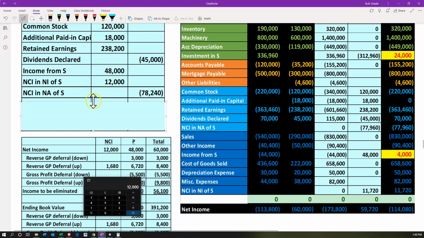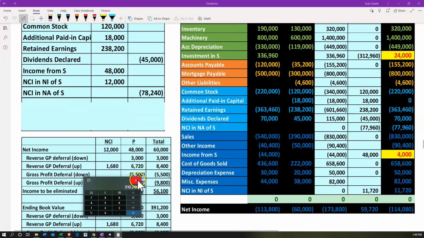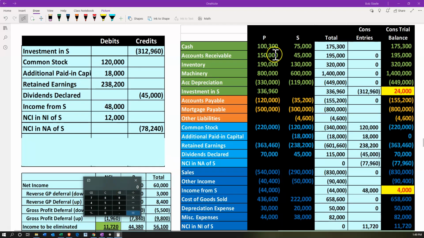And then we've got the non-controlling interest in the net assets. If we think about the net assets, that's going to be the 75,000 plus the 45,000 plus the 130,000 plus the 600,000 minus the 35,200 minus 300,000 minus the 46, and that's going to give us the 5. Oh, let me do that one more time. That's going to be the 75,000 plus the 45,000 plus the 130,000 plus the 600,000 minus the 119,000 minus the 35,200 minus the 300 minus the 46.